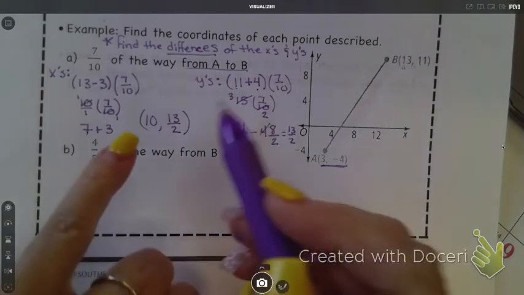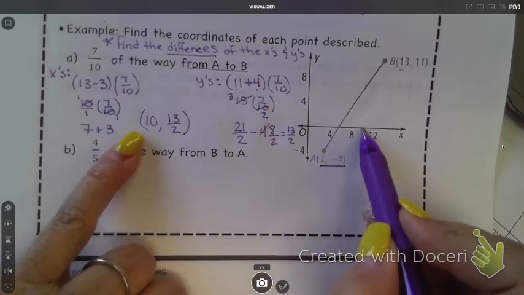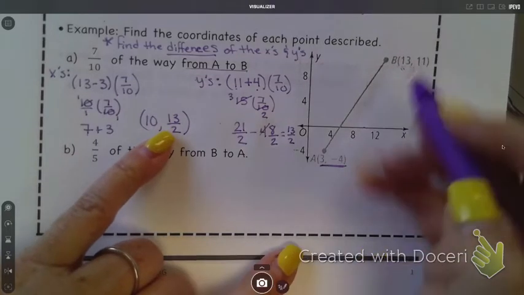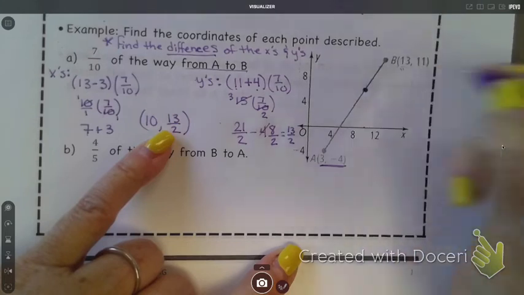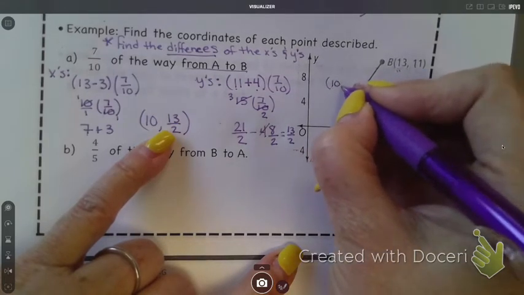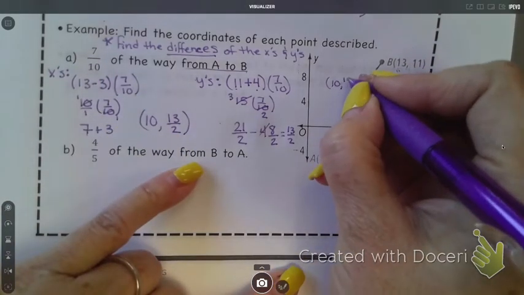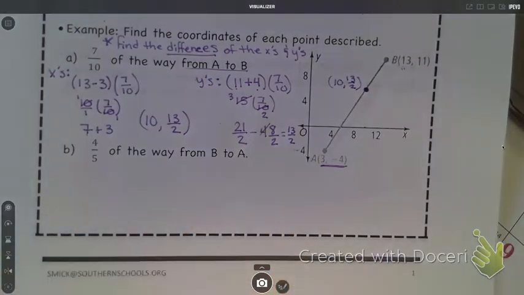Okay, so this says that if I go over 10, so 10 would be right here, and I go up 6.5, which would be right here, that point is 7/10 the way to point B. Is it? Yes. Yeah, 7/10 is greater than half, right? Is that bigger than half?